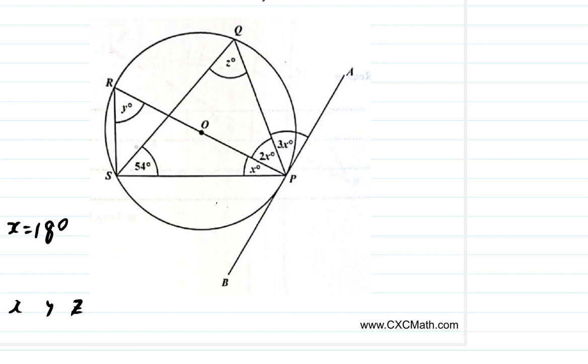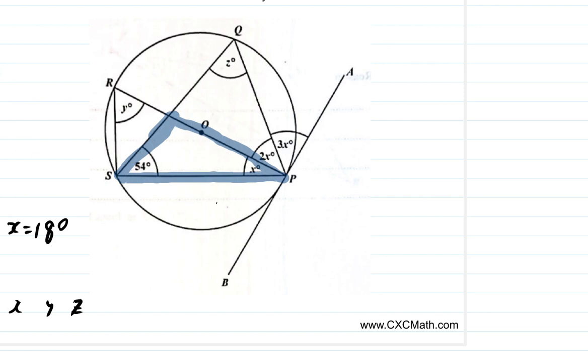Alright, we want to find out what y is equal to. Look at this. You have this triangle, S going here, coming down here, and back to S. That triangle.